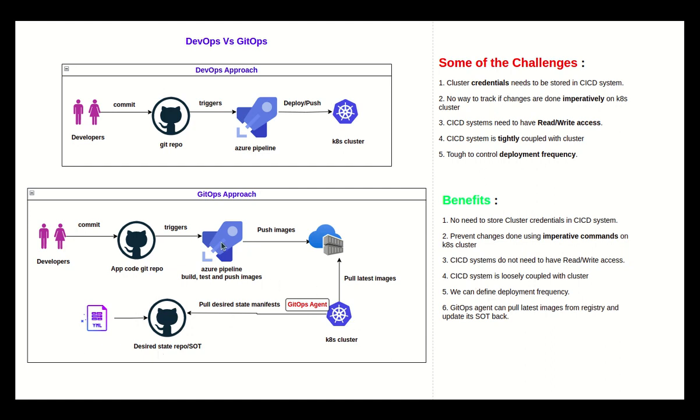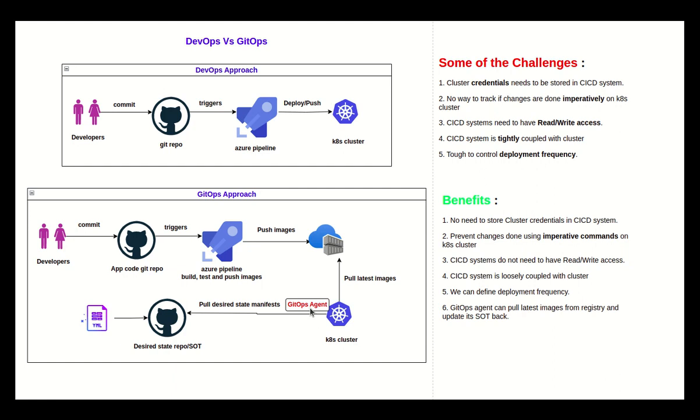Now if you see, the system is loosely coupled. Here we observed the entire system was tightly coupled. If one breaks, then the entire system fails. Here they are loosely coupled. Here we can define the deployment frequency also.